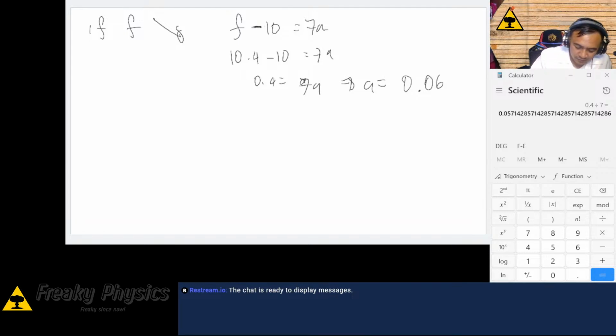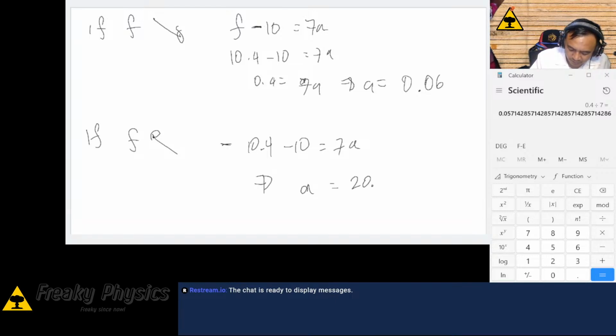Now, if F is up the ramp, what do we get? Negative 10.4 minus 10 equals 7a. And therefore, the acceleration will be equal to negative 20.4 divided by 7. That's going to give us negative 2.91.